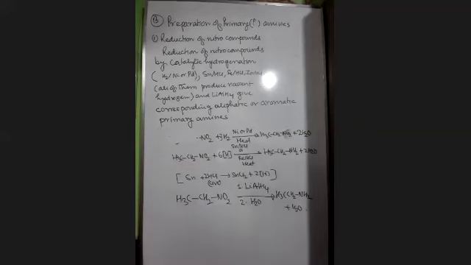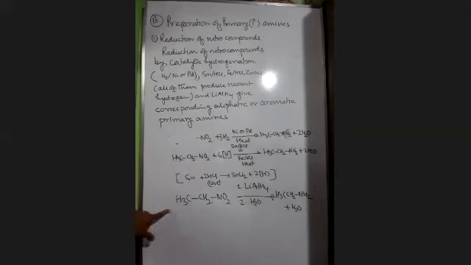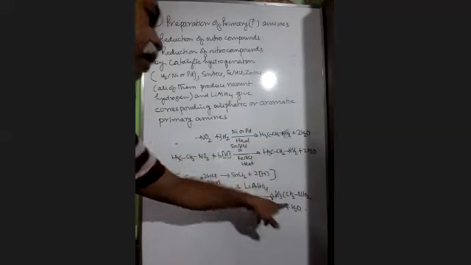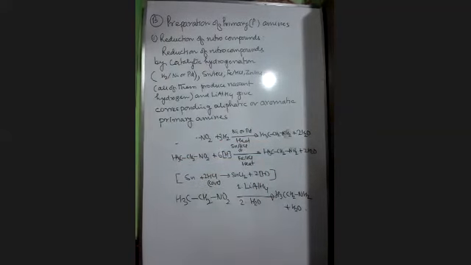You should know the name of the starting material as well as the compound. Nitroethane, nitroethane, nitroethane. Make a habit, then you will not forget the name. Ethylamine, ethylamine, ethylamine.